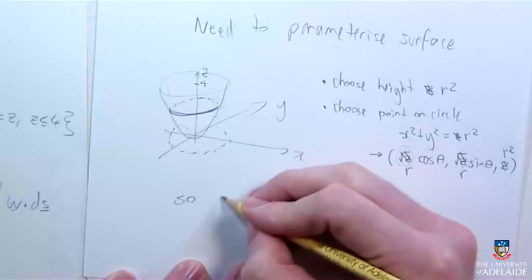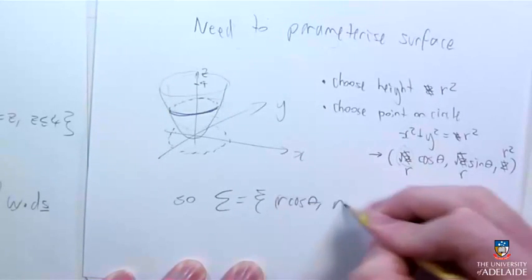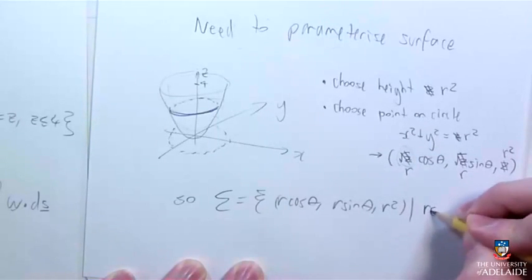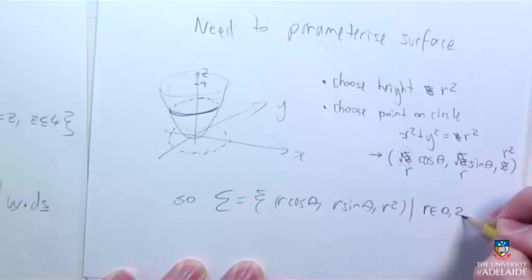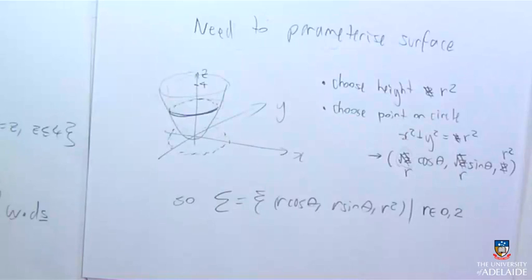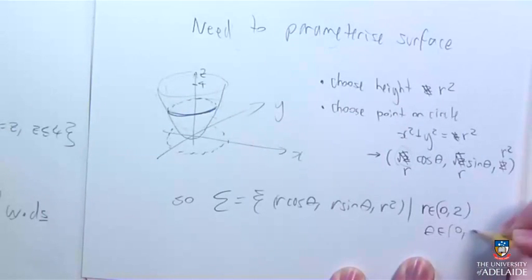So sigma is now r cos theta, r sine theta, r squared, for r between 0 and 2, I guess. The radius is 2 by the time I get up here. And theta between 0 and 2 pi.